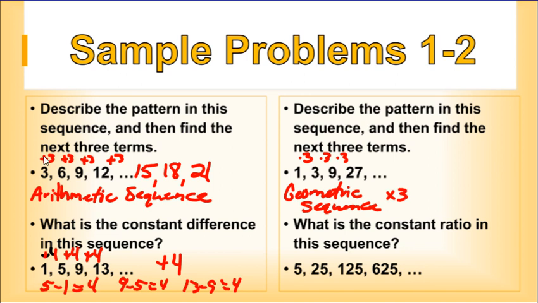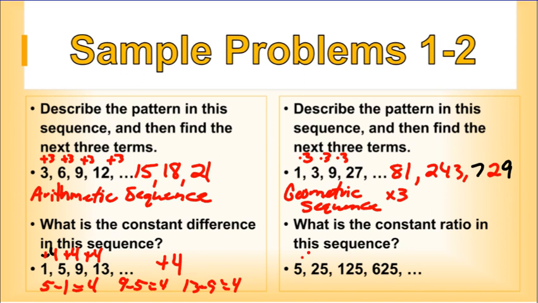So if I multiply by 3 each time, 27 times 3 would give us 81. 81 times 3 would give us 243. Times 3 again would give us 729. Those would be the next 3 terms of that sequence. And the last one on the slide, what is the constant ratio in this sequence?